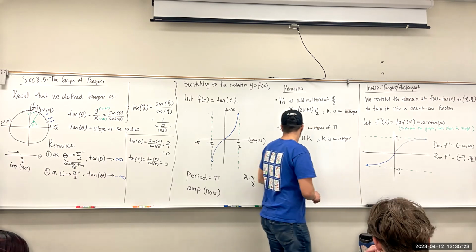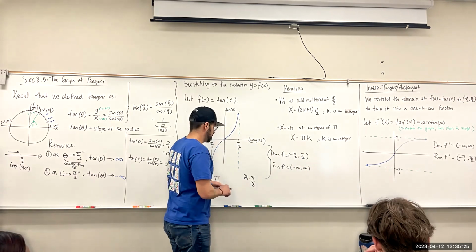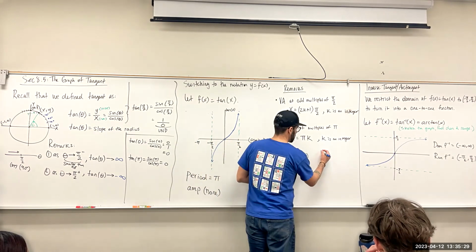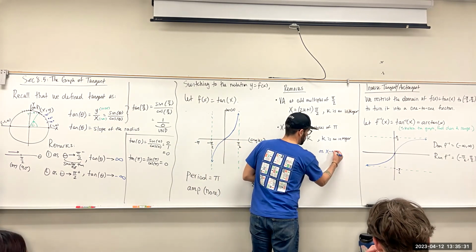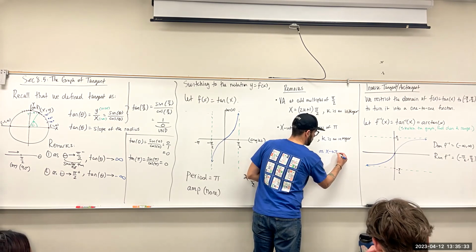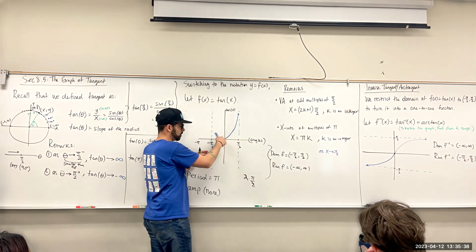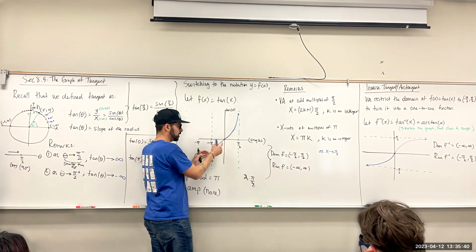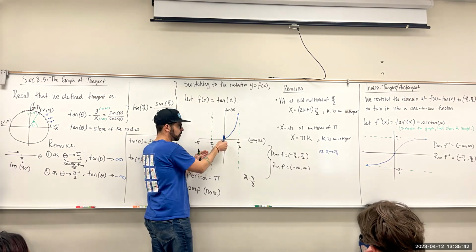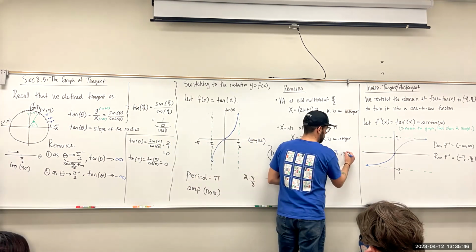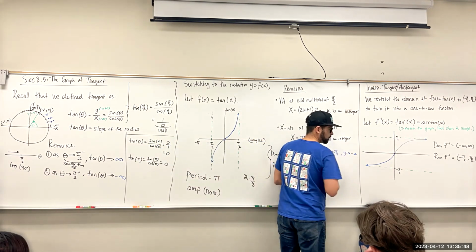Yeah, so let me use some notation that we've been using. For this graph, as x approaches negative pi over 2, from the right, but let's just say negative pi over 2, what are the y values doing? They're going down. So they go to negative infinity.